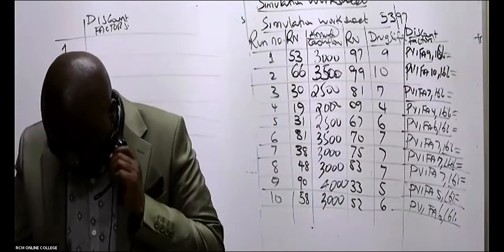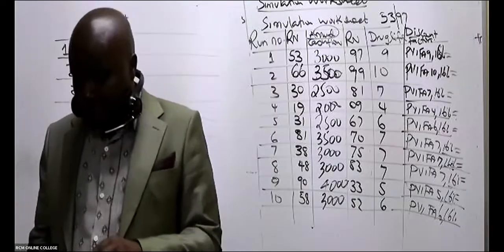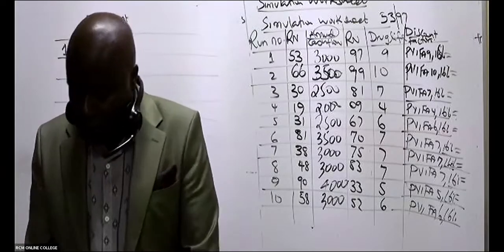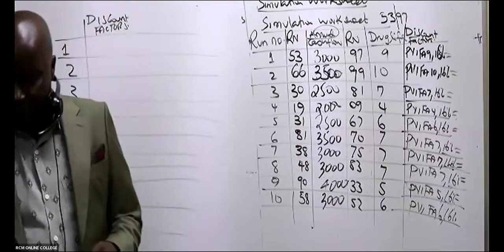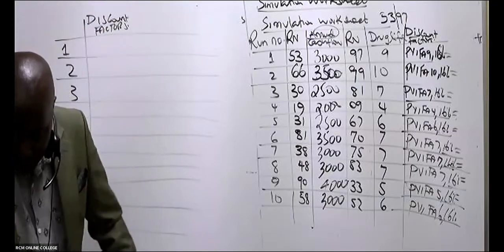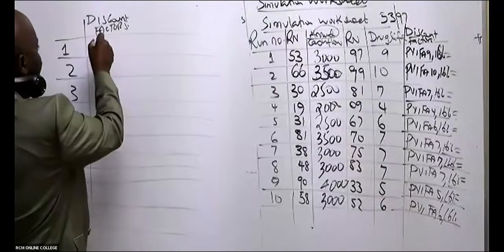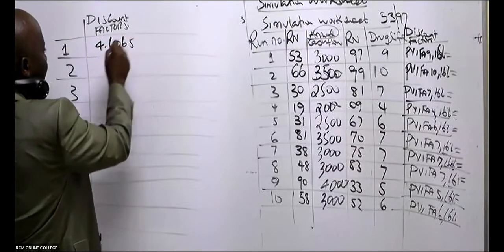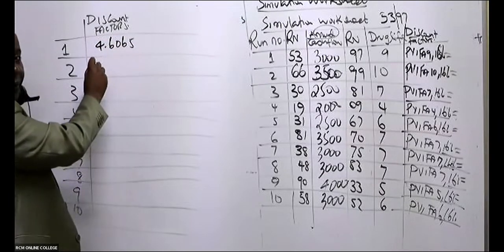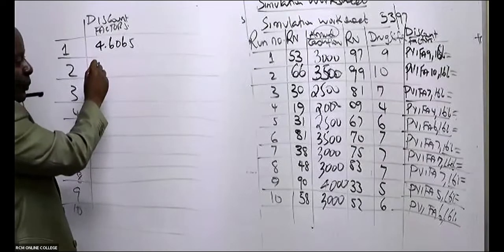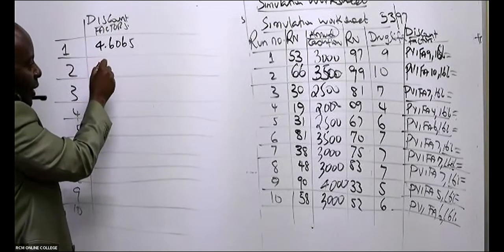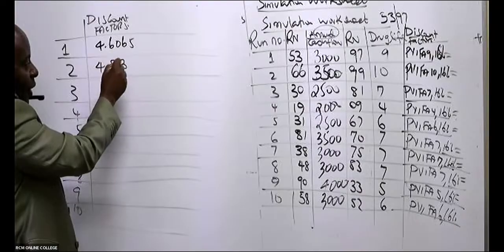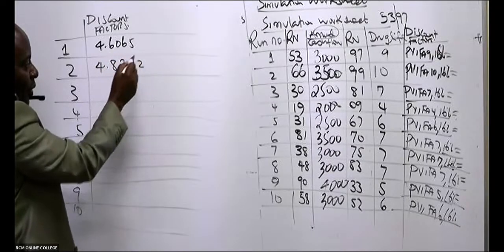Okay, so Lincoln has given me this 4.65. The first one, is there somebody who is able to get that number? 4.65. How about the second one? 4.8332.